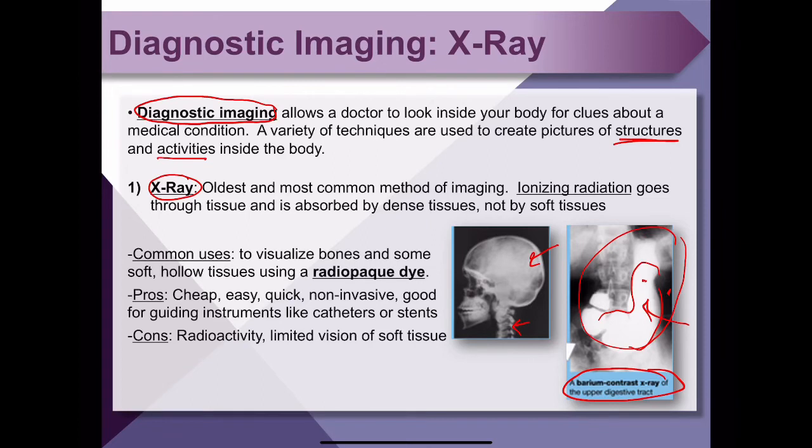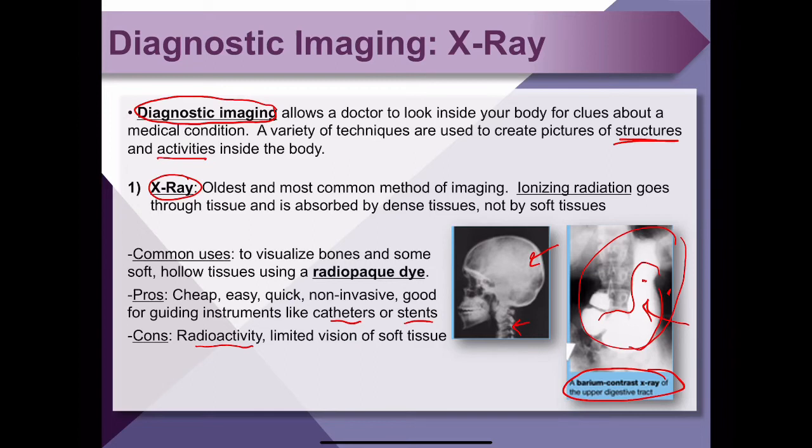So the pros of X-ray are that it is cheap, easy, quick, non-invasive, and good for guiding instruments like catheters or stents. The con, of course, is the radioactivity. Radioactivity is still radiation, and radiation can cause cancer. Not that every time we go for an X-ray we increase our cancer likelihood.